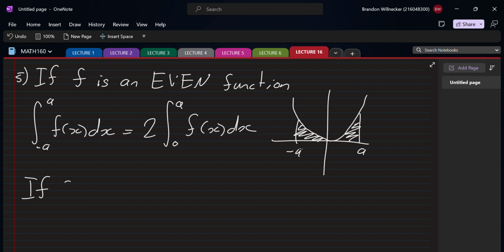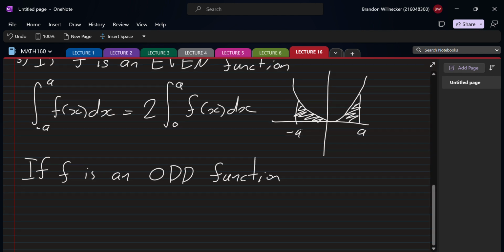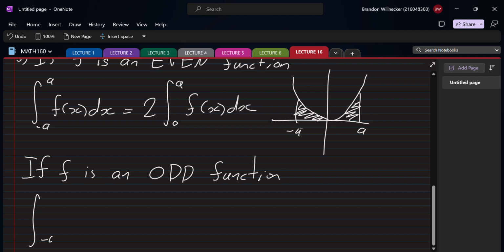If it's an odd function, so if f is an odd function, then the integral from minus a to a, f of x dx, is equal to 0. Okay, so why is that the case? It's because whatever's on the right-hand side is mirrored on the left-hand side, but inverted.